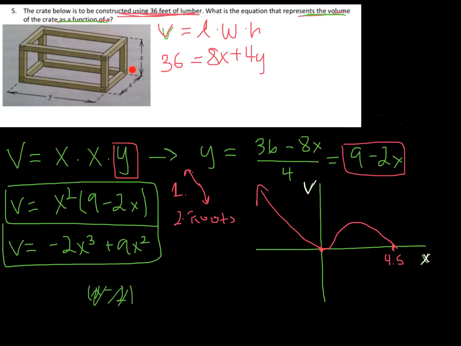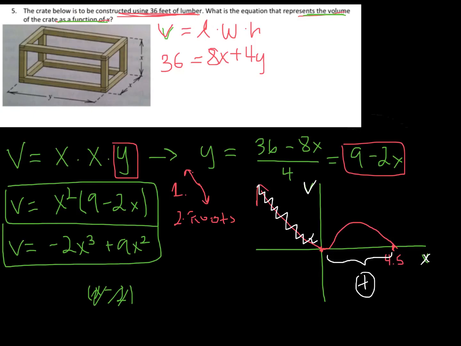If you had a negative length, you would have no box at all. And so we can just go ahead and get rid of this piece to the left. What we're worried about is everything between 0 and 4.5. That's where the volume is positive.